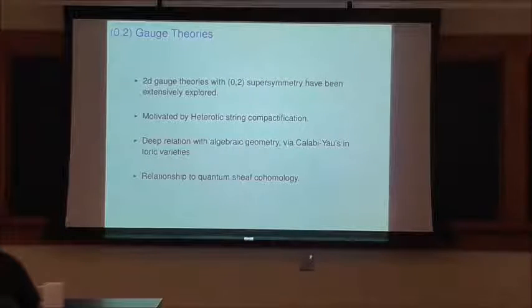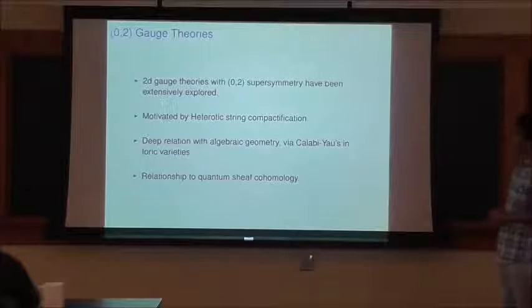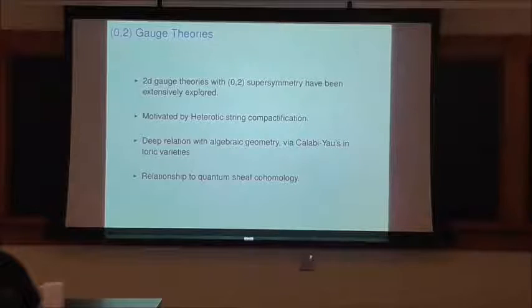And if you do a topological twist specific to the quantum theory that defines the quantum cohomology, you will have this deformation introduced by a parameter called the quantum parameter. And there's a rigorous mathematical definition of quantum cohomology.